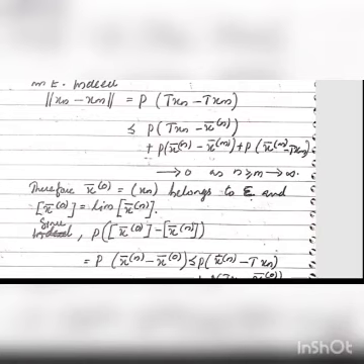Here we have introduced T x_n, so by using the triangle inequality it is less than or equal to p of x bar n minus T of x_n plus p of T of x_n minus x bar 0. That means this quantity converges to 0 as n tends to infinity. So we have proved that TE is dense in E hat.